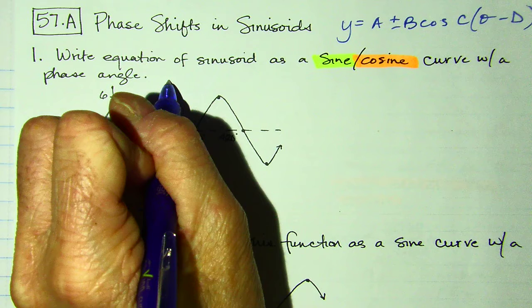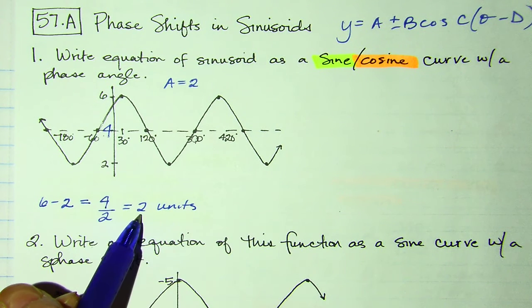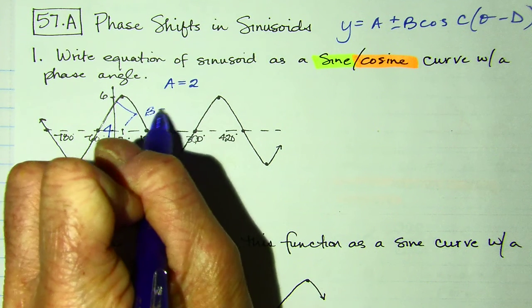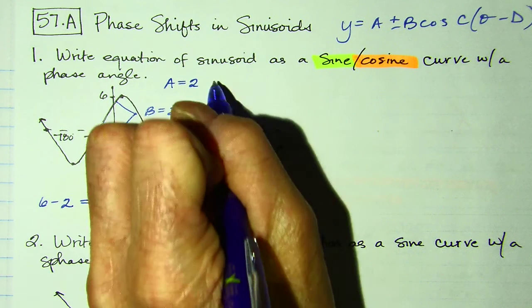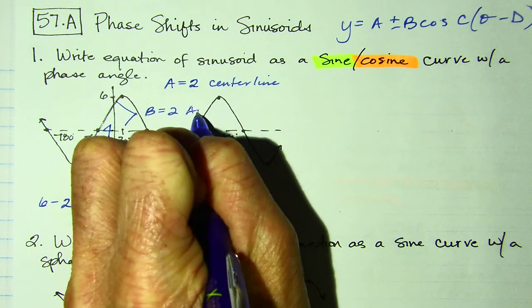So I know that my center line, or A, is at 4. And I also know that because it's halfway, that my amplitude is 2. Okay, so this is my center line, right? This is my amplitude.